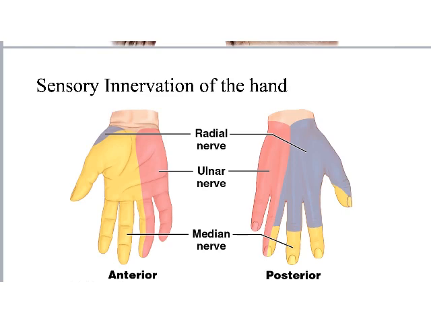So the yellow part is what is covered by the median nerve. It also covers the tips of the fingers, both anterior and posterior. Notice here this delineation on the fourth digit. So the median nerve stops on that lateral aspect of the fourth digit, and that's where the ulnar nerve picks up sensation, both anterior and posterior.